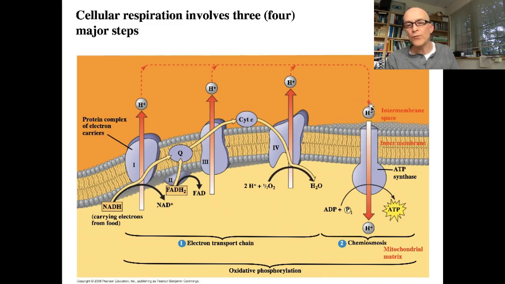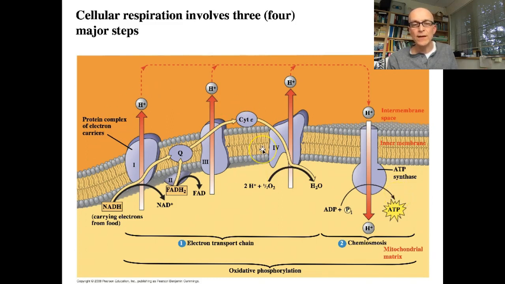They run through this membrane protein, and as you'll see later, it's sort of a little molecular motor, like a turbine, and these hydrogen ions, these protons, spin through this turbine, and that turbine produces kinetic energy, and that kinetic energy is transferred onto the ADP, which makes ATP. That's the whole point of the entire pathway of cellular respiration.